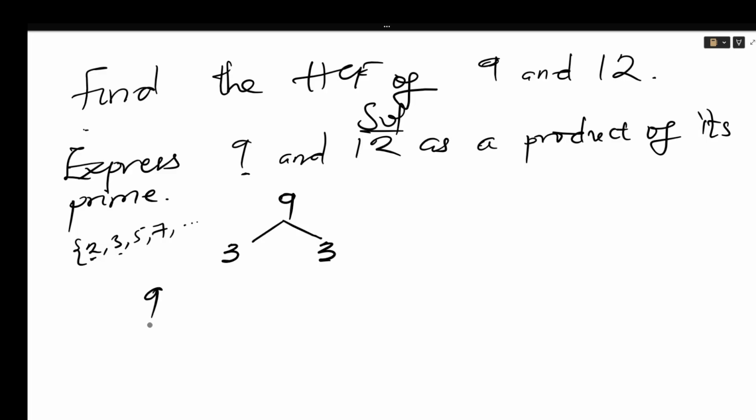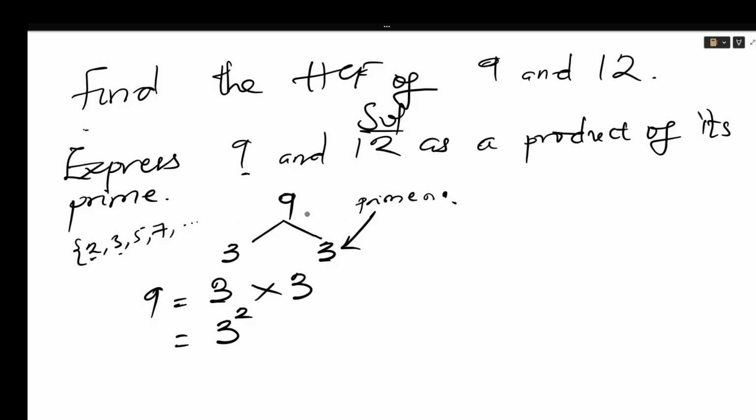So now for 9, I have 3 times 3. We end because the answer we have on the right is a prime number, so we have to stop. So this can be expressed as 3 raised to the power 2.